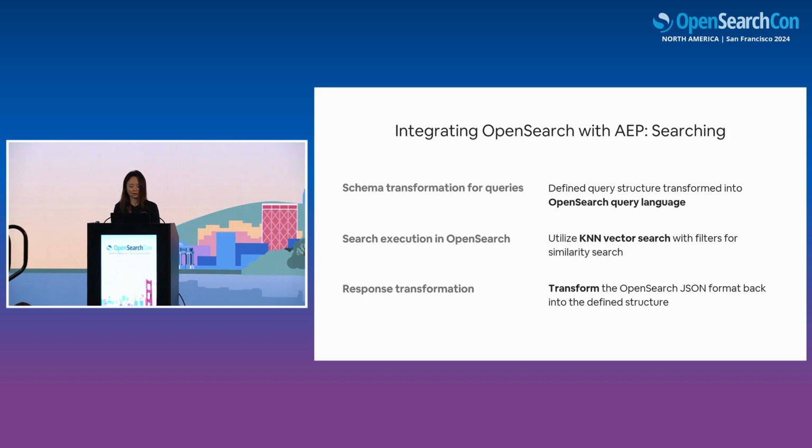Next, I'll talk about the searching part and how we use OpenSearch to perform vector similarity searches. When a query is initiated, we first transform it from the defined query schema from our platform into the specific query language used by OpenSearch. This enables us to execute KNN vector search with filters, allowing us to combine vector similarity with traditional filtering for more precise results.